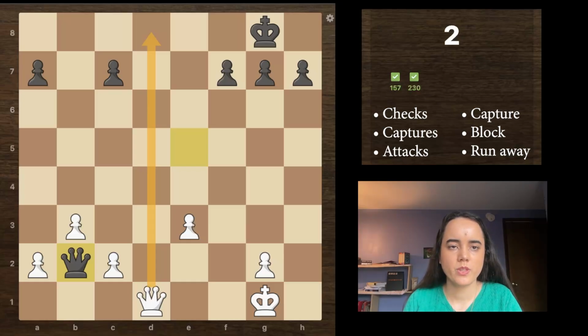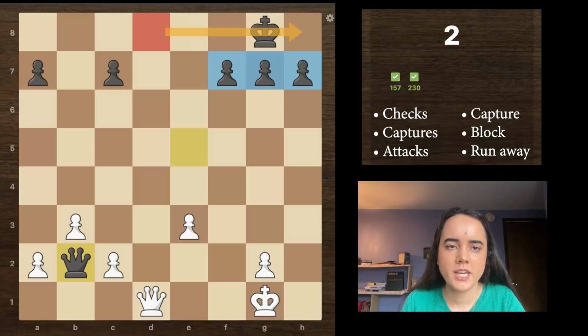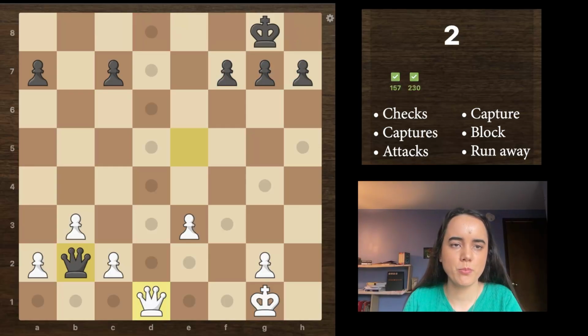No. And just like the last time, the queen's on here. The queen covers all these squares. The pawns cover all these squares, and he can't move onto the edge of the board. So he cannot run away, which means that that is a checkmate, and that means that is the answer to the puzzle.